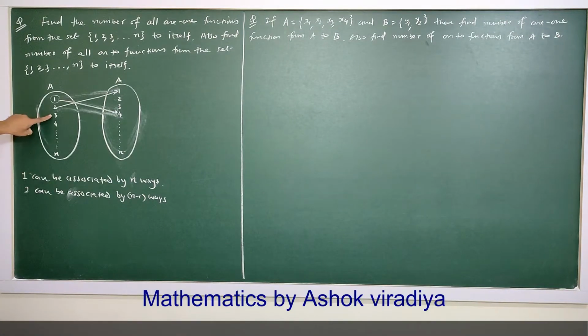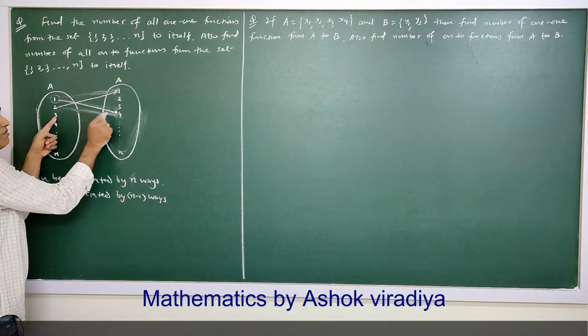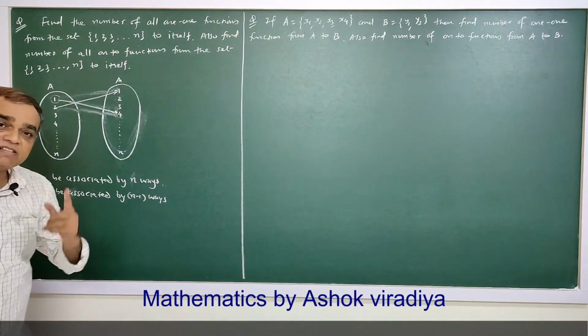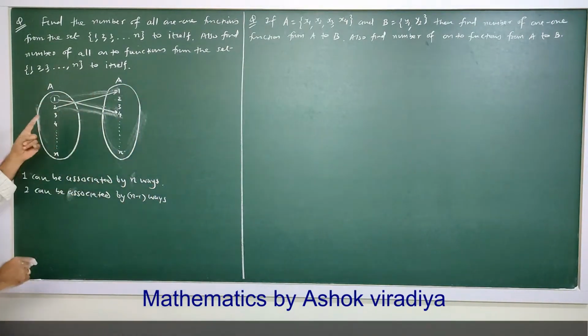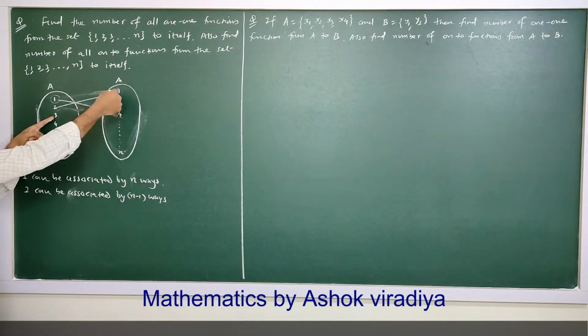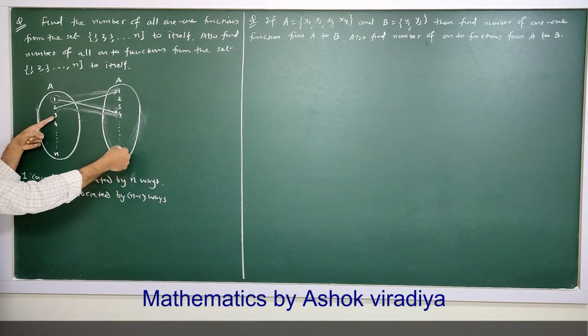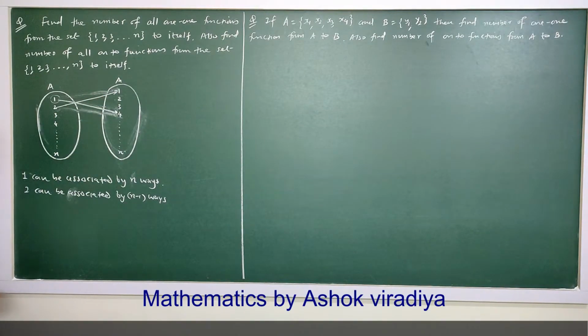Now there is the turn of 3. Now 3 cannot be joined with 1, and 3 cannot be joined with 4. Otherwise it will not be 1-1. So for 3 there are 2 fewer choices. Total n choices. So except these 2, how many choices are left? n minus 2 choices are left.